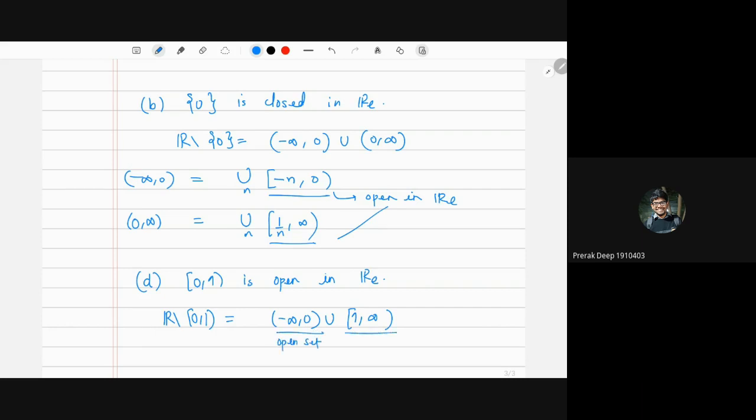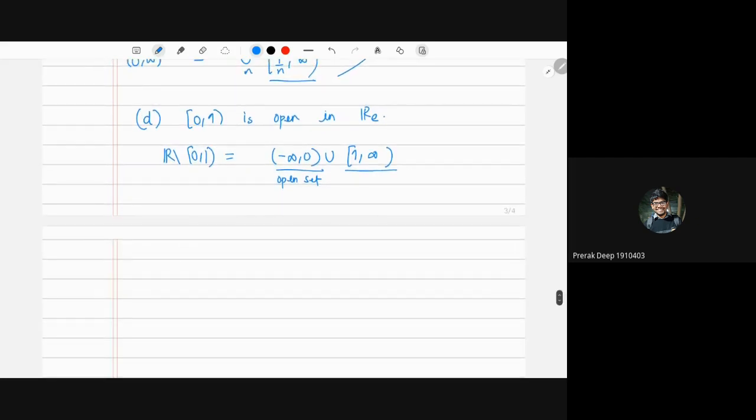Now what about the other set? The other set 1 to infinity can be rewritten as the union of 1 to n, and each of these is open. So 1 to infinity is also an open subset in RL. And since the complement of this, 0 to 1, is open, so it is a closed set.